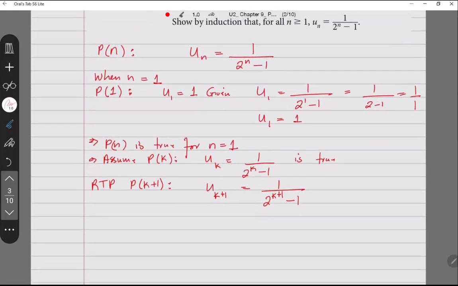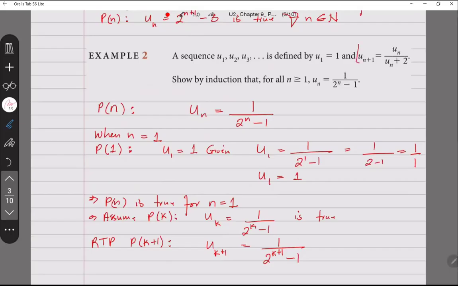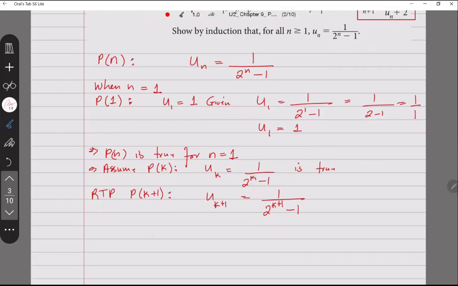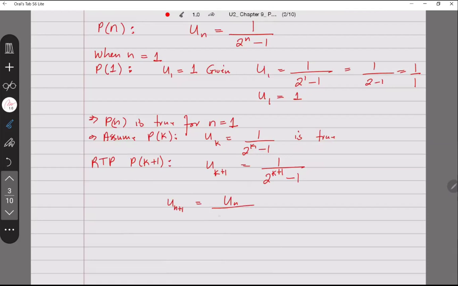Now, starting with the formula we're given for Un plus 1, using that formula, we can say that Un plus 1 is equal to Un over Un plus 2.